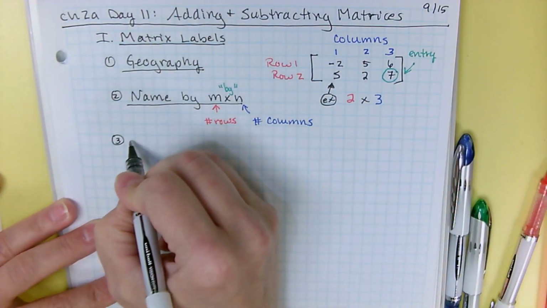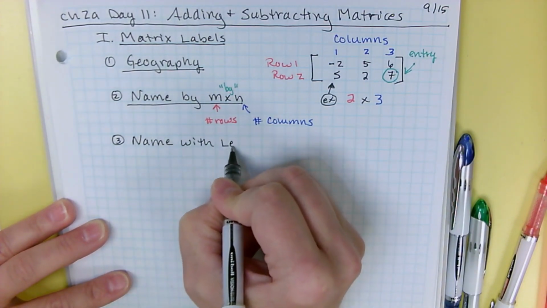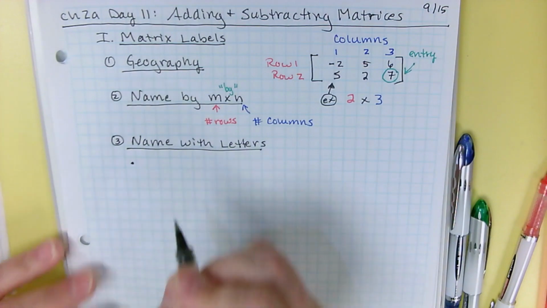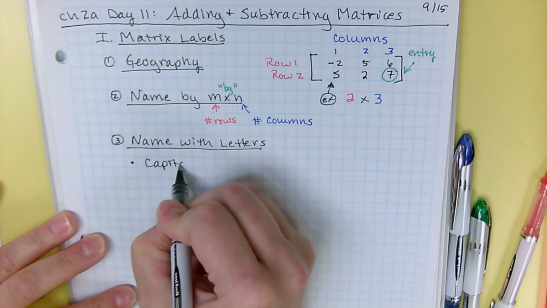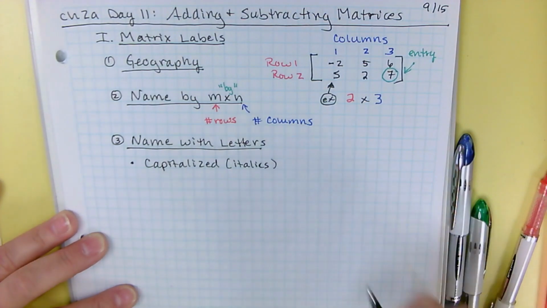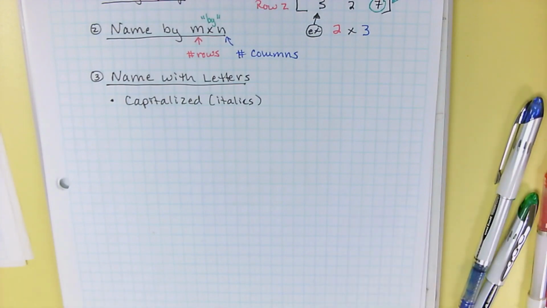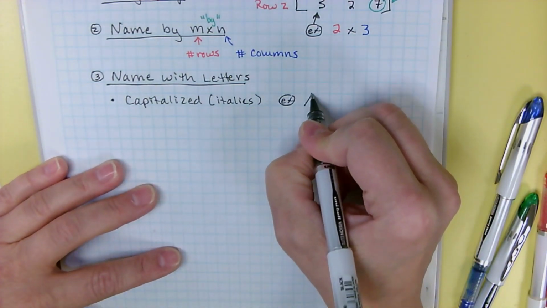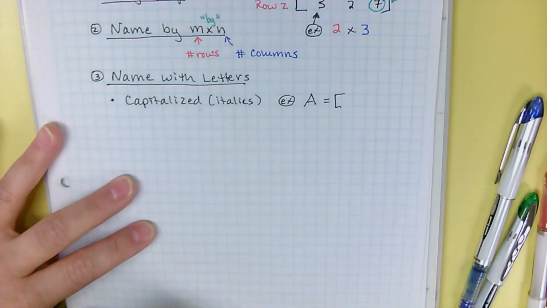All right, number 3. We also name with letters. So we name by dimensions and we name with letters. And when you are talking about a matrix, the name is capitalized. And technically it's in italics. We don't worry too much about the italics part when we're handwriting. So, for example, matrix A would have A equals, and then a bracket.